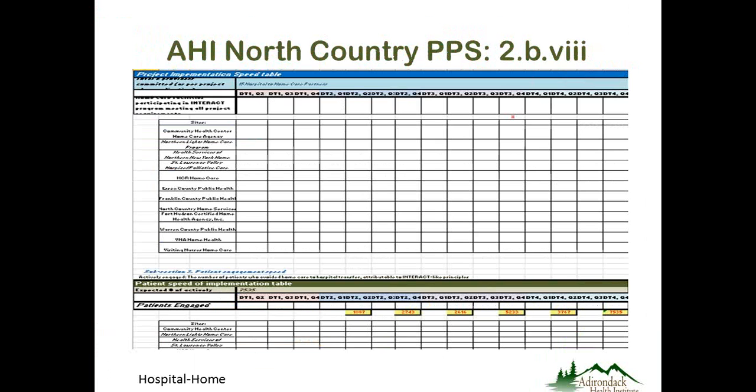I know this is a little difficult to read, but the actual template itself will be posted on our blog. Let's take a look first at the top, at the project implementation speed section of the table. There is a red X under project implementation speed for DSRIP year 3, quarter 4.